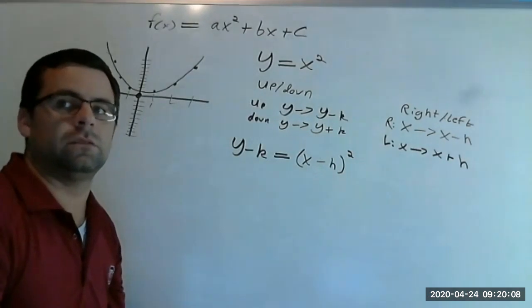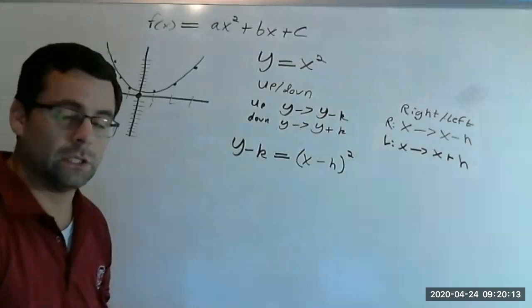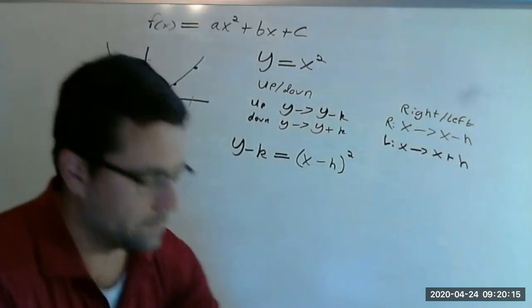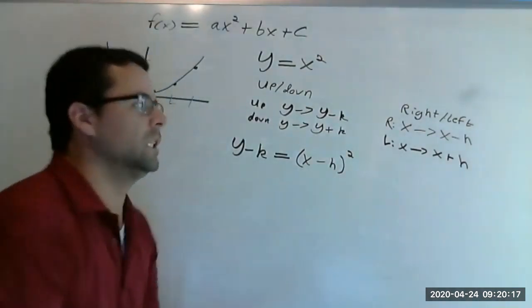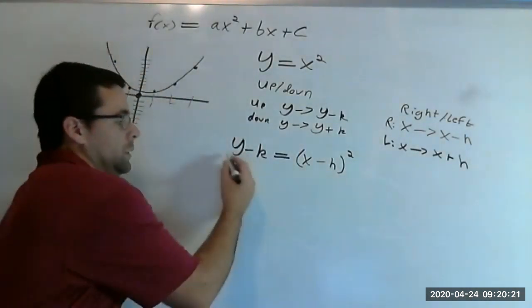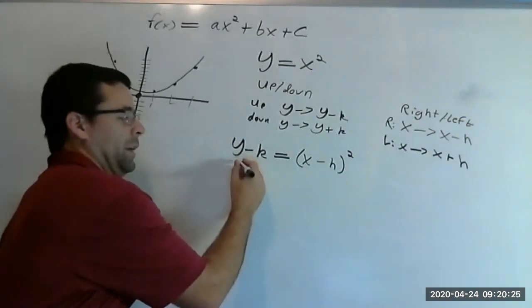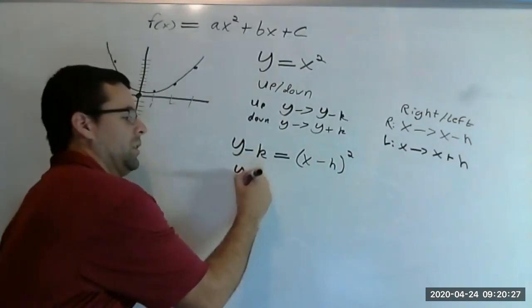And this kind of seems very vague, I'll admit. But these actually have very important roles. So y minus k, whenever we do a transformation, we always resolve for y.